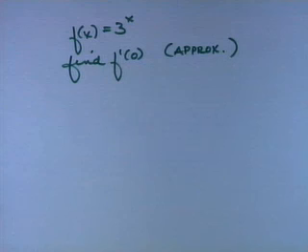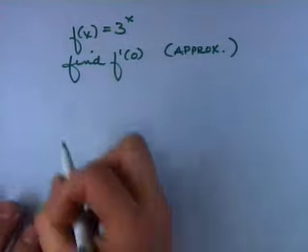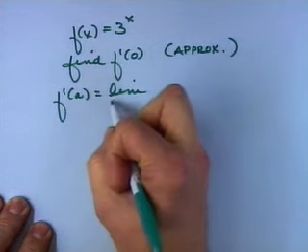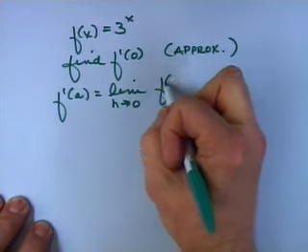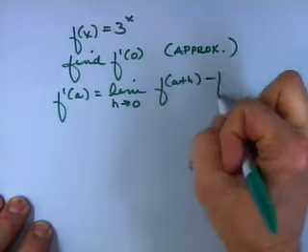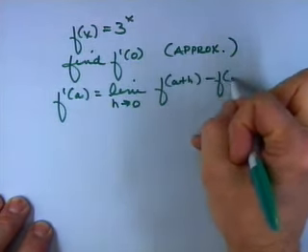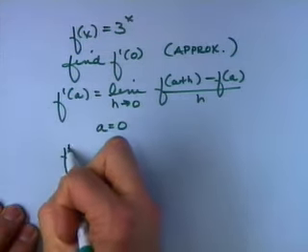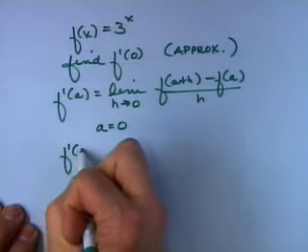We have a definition for the f prime at a. So here's what we have by definition. In our problem, we want a, the specific x value that we're handed, to be 0. So we want the f prime of 0.